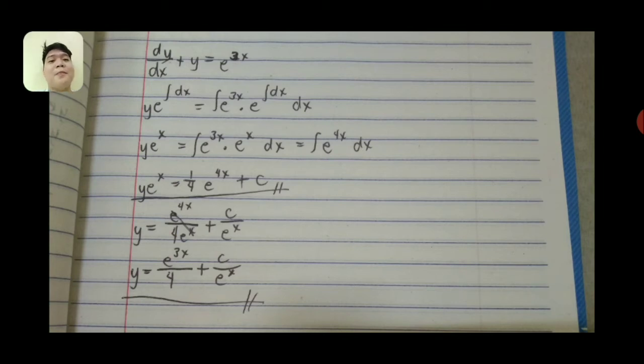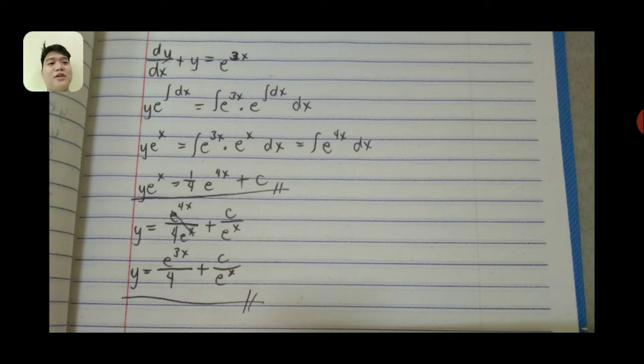So y e raised to x equals 1/4 e raised to 4x plus c.